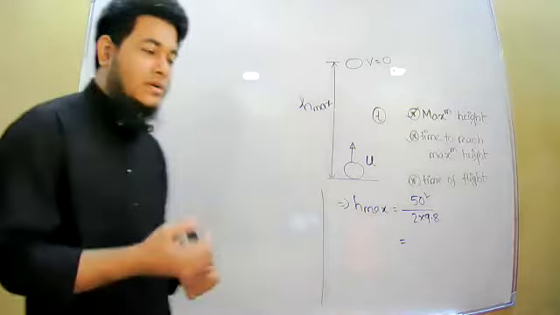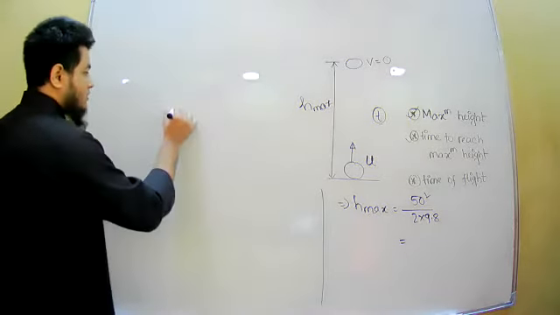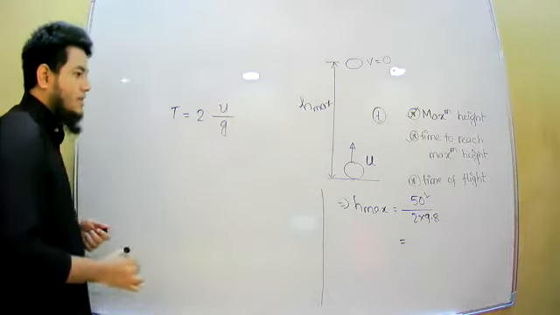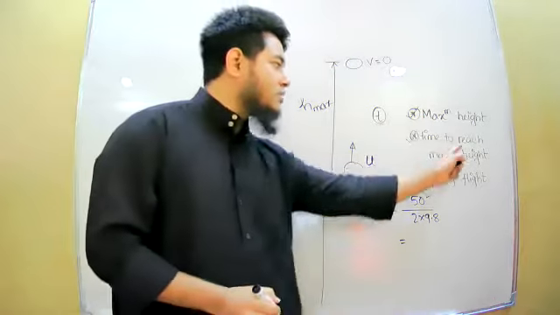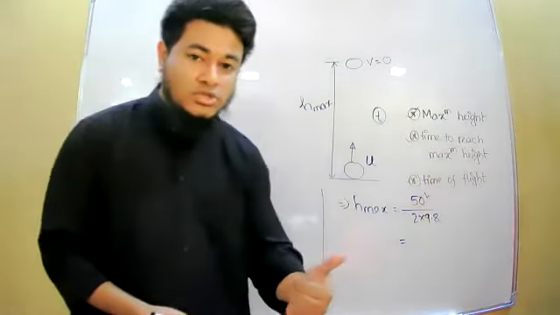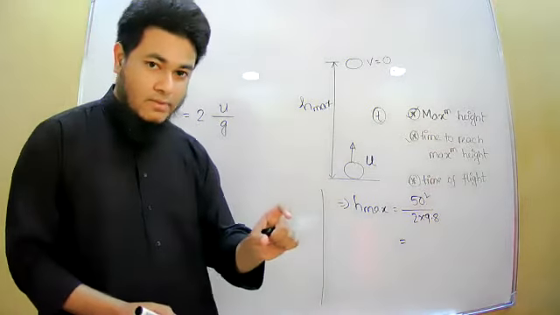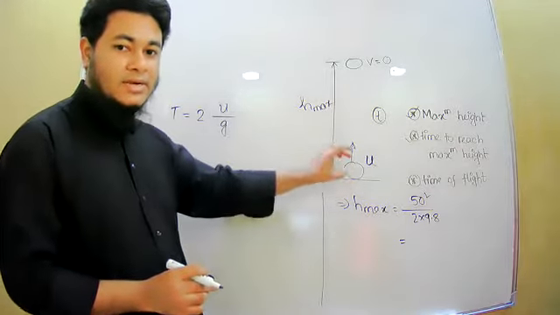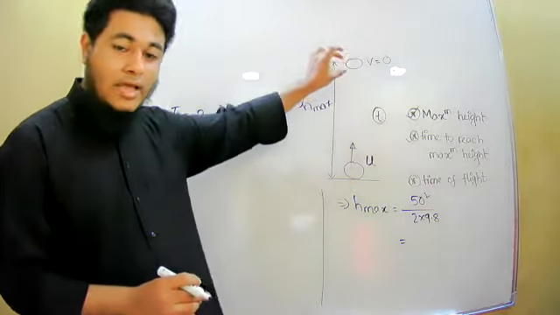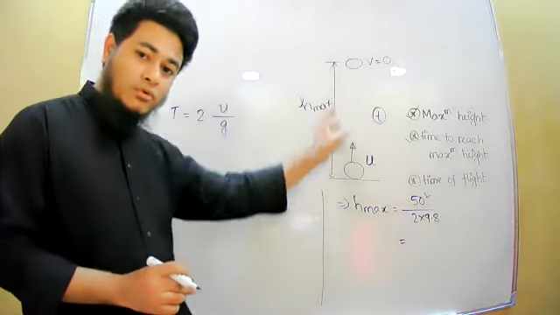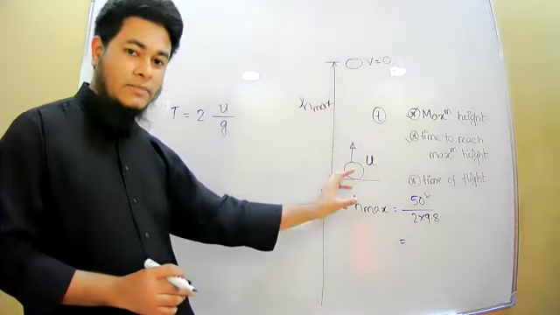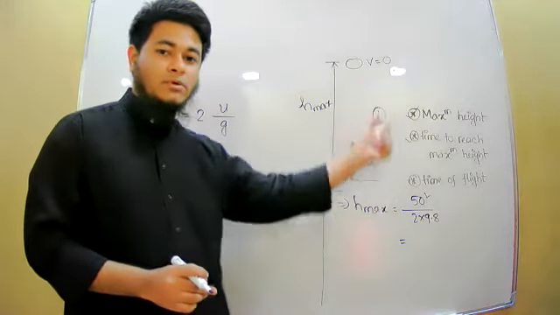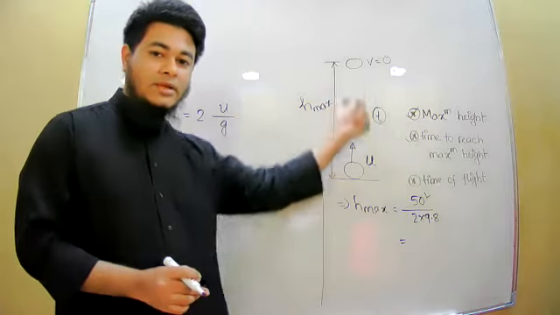It is actually double the time required to reach maximum height, that is twice u by g. A little bit ago, we saw that the time to reach maximum height was u by g, right? So the body will take a certain amount of time to reach the maximum height. Again, from there, it will take the same amount of time to reach the ground. So we can just double the time to reach the maximum height, because it will go up and then come back again.